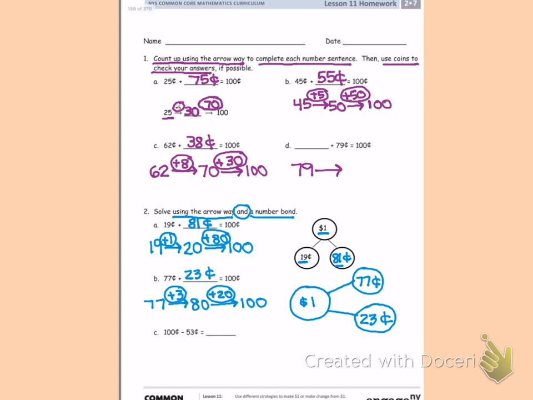Now let's look at item C. This time they started with the 100 cents, which is the same thing as $1. So I could make my number bond to begin with. I could put the 100 cents or $1 here, and the part here is 53 cents.